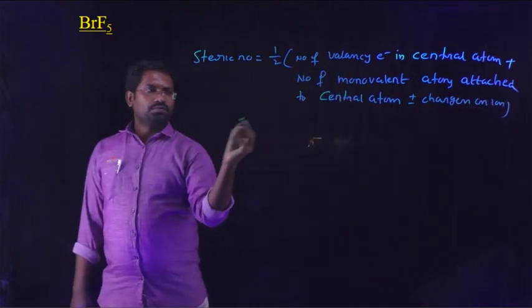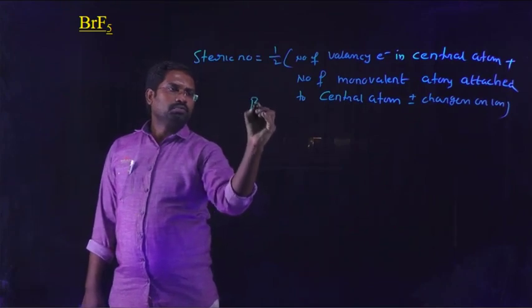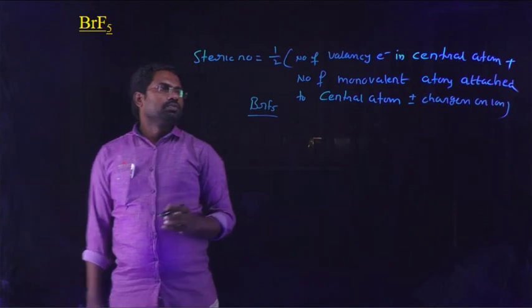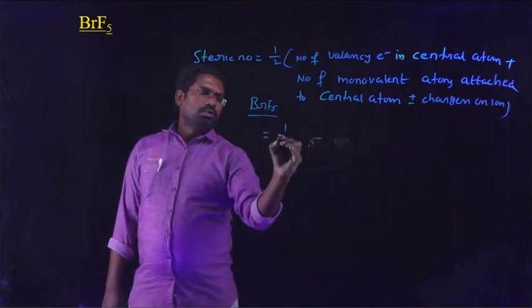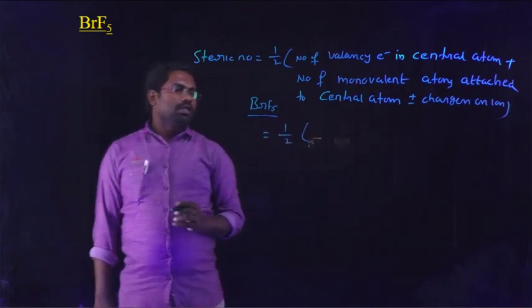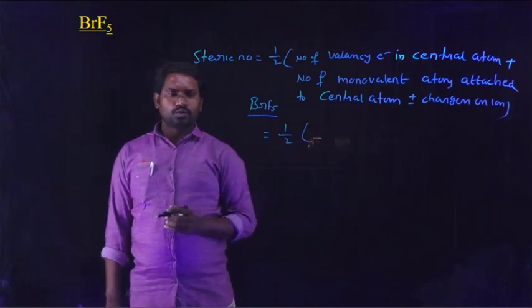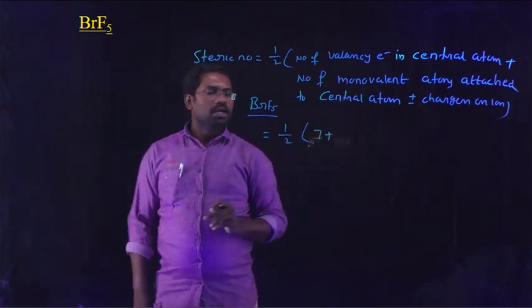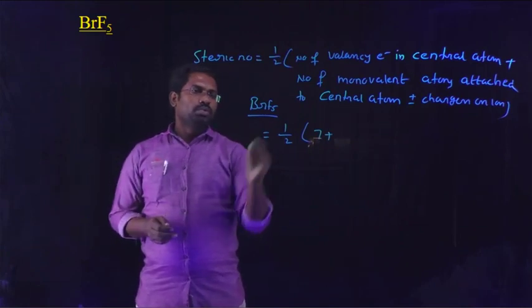So in the case of BrF5, this is equal to half the number of valence electrons. Bromine belongs to the 17th group. It contains 7 valence electrons, plus the number of monovalent atoms attached to bromine.